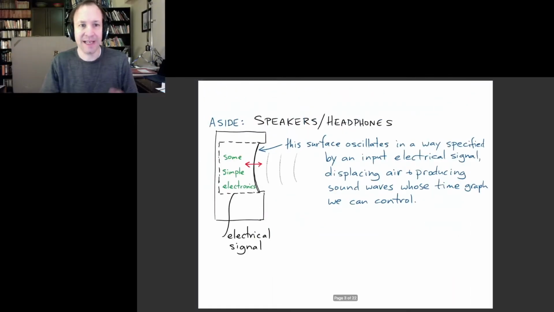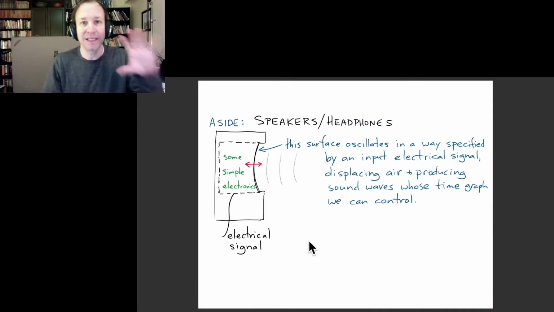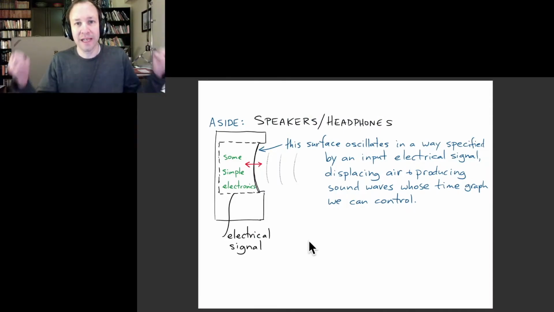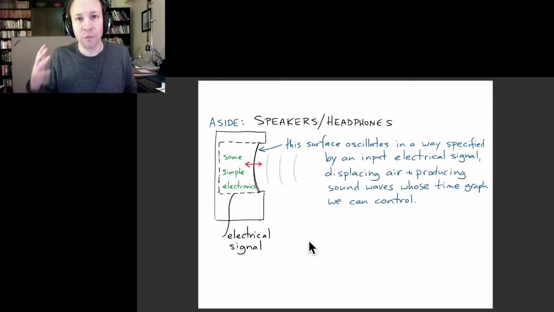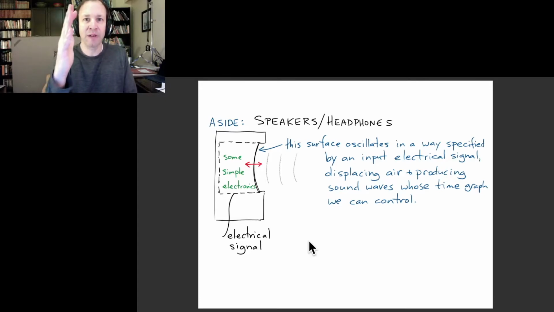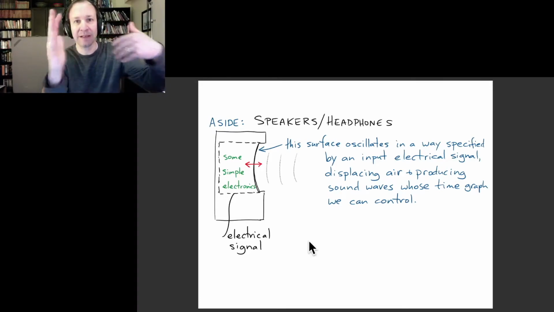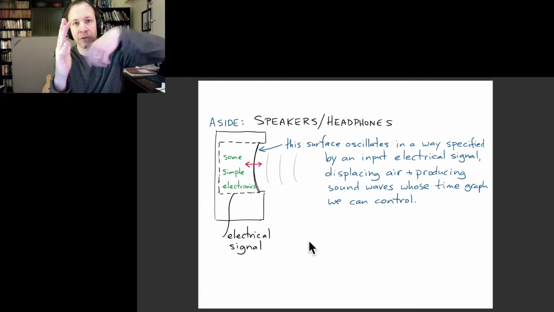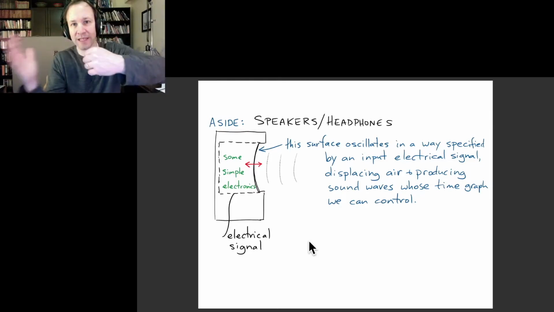And so just as an aside, I'll mention the basic idea behind speakers or headphones that are able to play back music. And it's a really simple idea. So you remember that the way that we made that time graph was to use our microphone. And the microphone had a membrane that just vibrated back and forth in response to the changing pressure of the air.